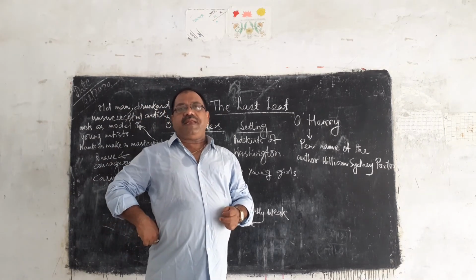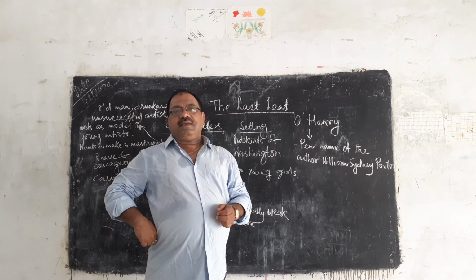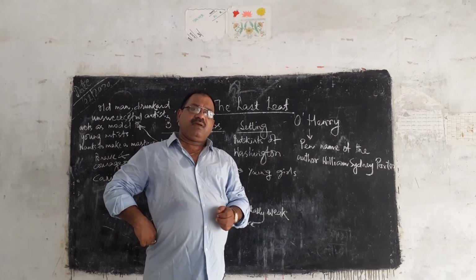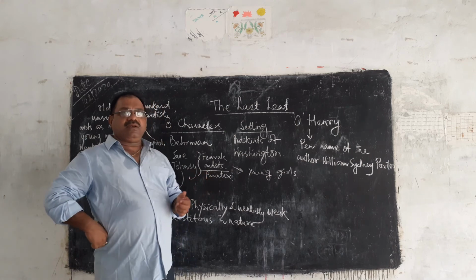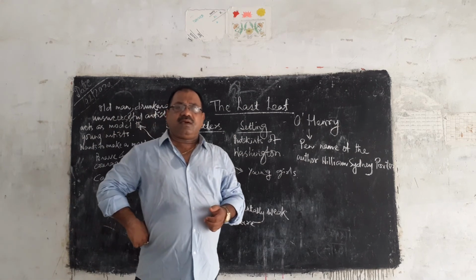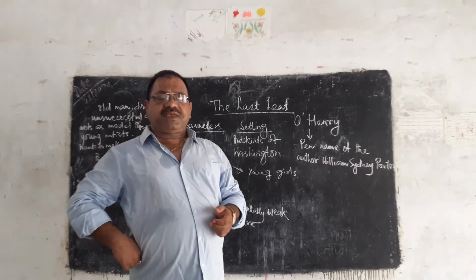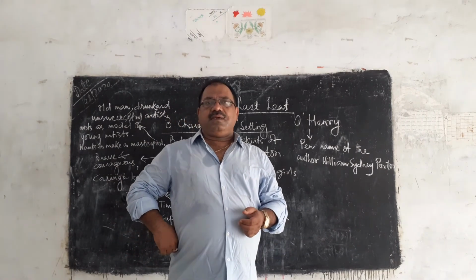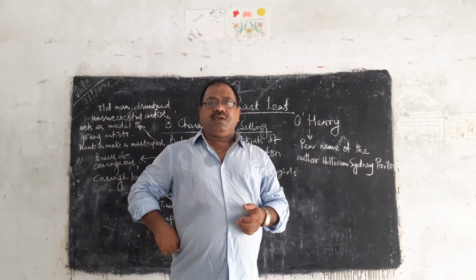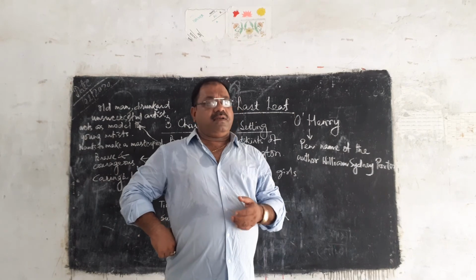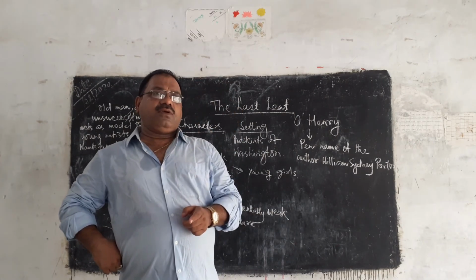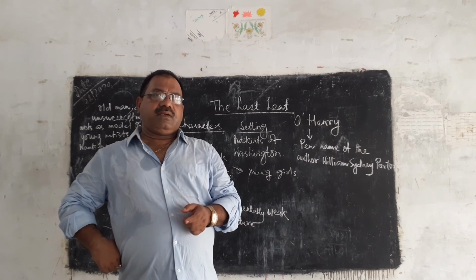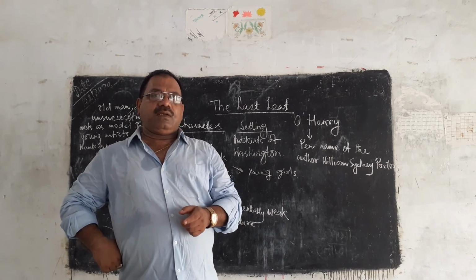And that painting saved the life of this girl, Johnsy, who later understood the mistake she had made. And gradually she recovered, but at the cost of Berman's life, who died due to pneumonia.